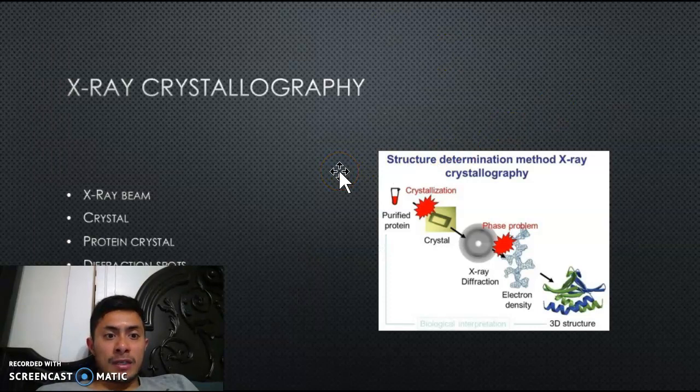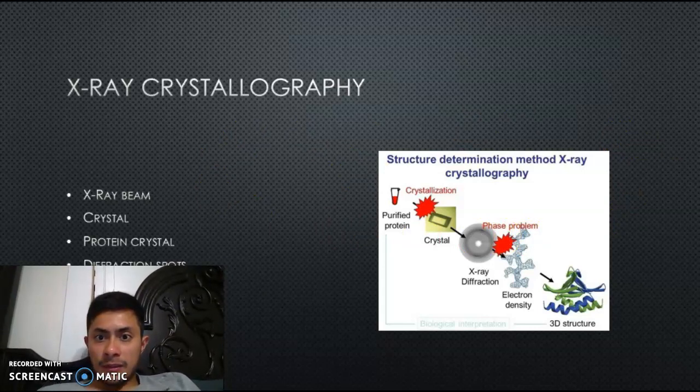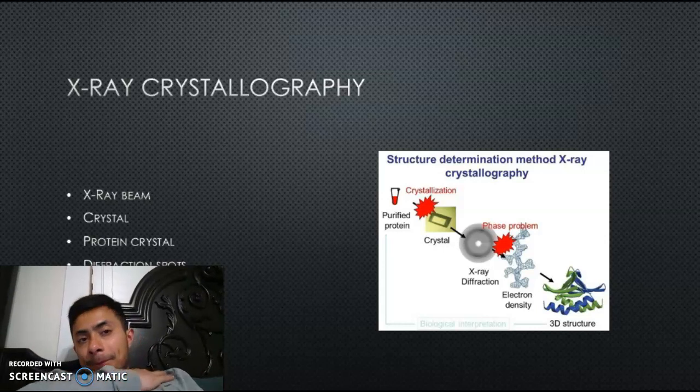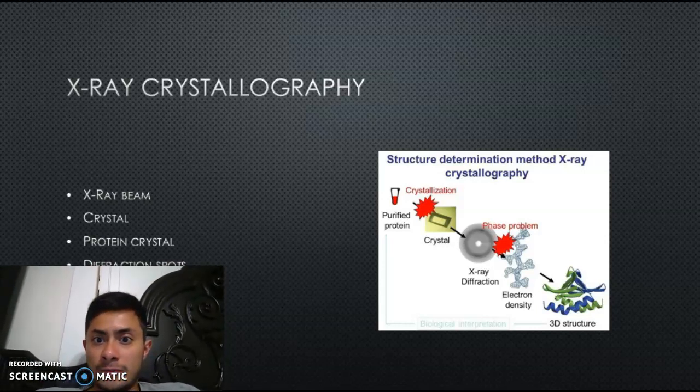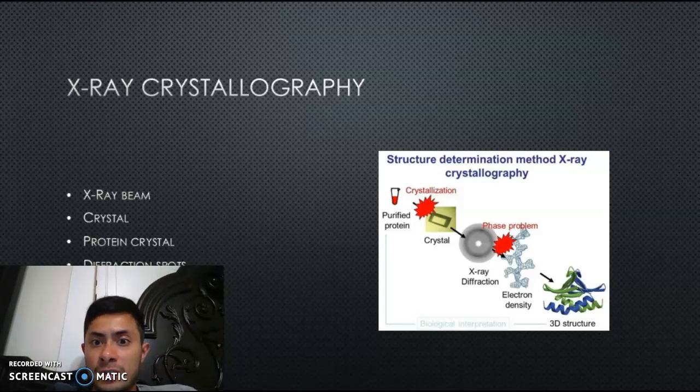A little bit of background on X-ray crystallography. First, you have your X-ray, which is a narrow beam of X-rays, and it's directed at a well-ordered crystal. This crystal is your protein crystal. You shoot the crystal with your X-ray, and this is where your diffraction spots occur.